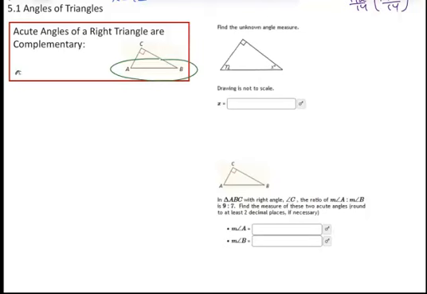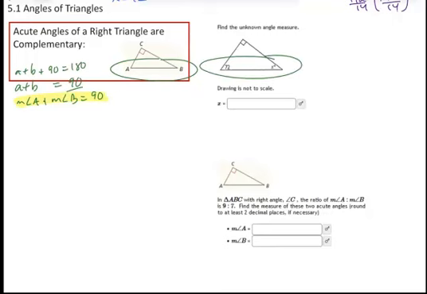Because if you say that A plus B plus the right angle is equal to 180, that's using triangle sum, then you know that those 2 acute angles are just going to be complementary. They add up to 90 degrees. So that is the relationship that you have right here. Measure of angle A plus measure of angle B is going to equal 90 degrees. The acute angles in a right triangle add up to 90 degrees. Okay, so what would be the value of x in this expression?